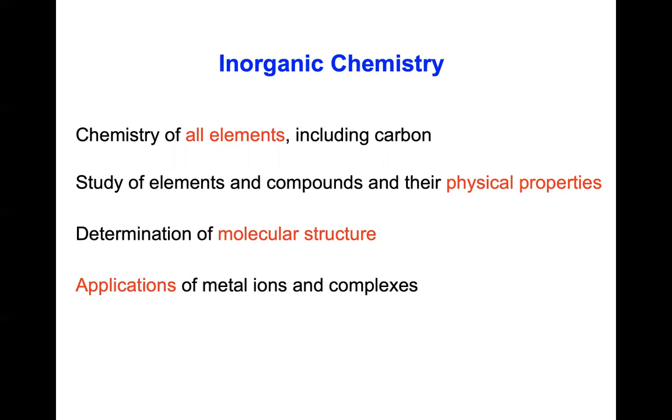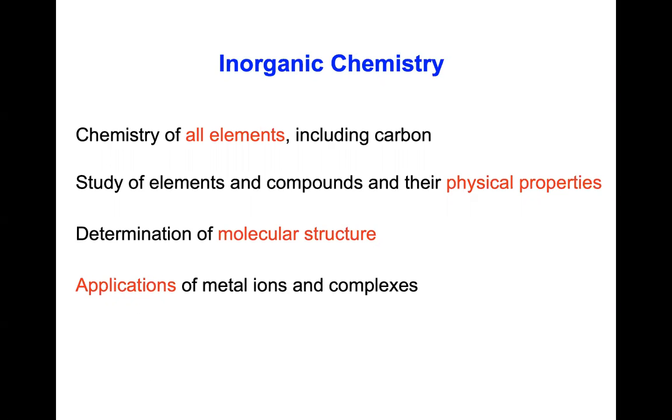Okay. And another important task is we need to understand the structure of your compound, regardless of what elements form this compound. Okay, and then another important thing is applications of the metal ions and metal complexes in the field of inorganic chemistry.